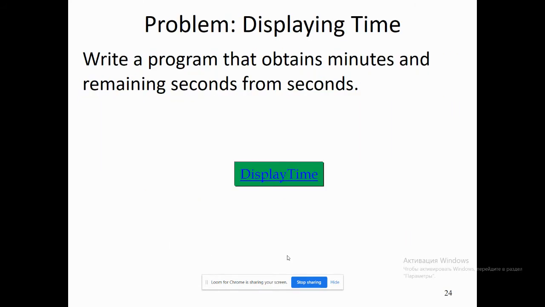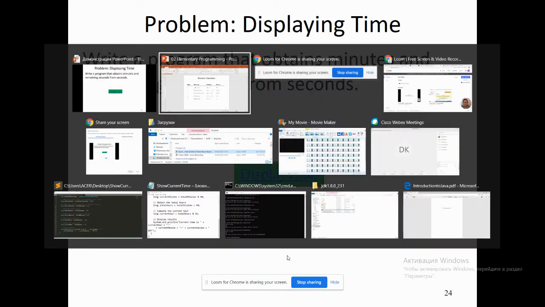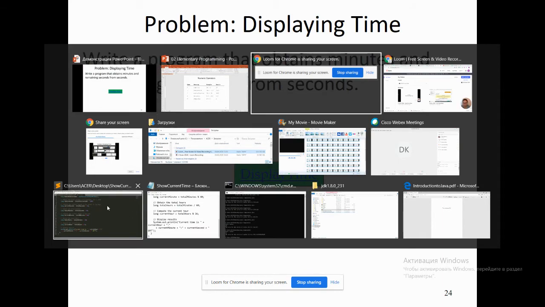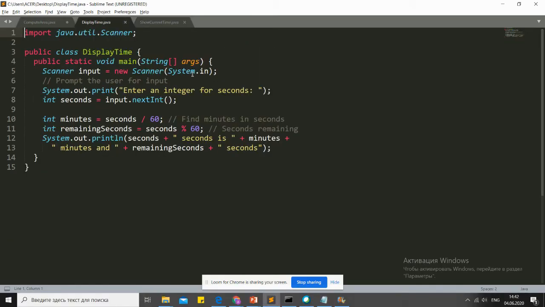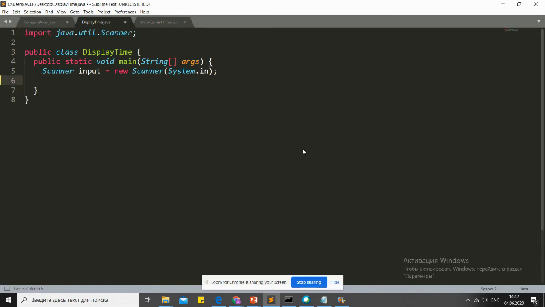Also, we can see another problem, displaying the time. Let me share. Here, for example, we have some kind of scanner. Now let us create a program, System.out.println, that will take seconds and give us how many minutes and seconds we have.